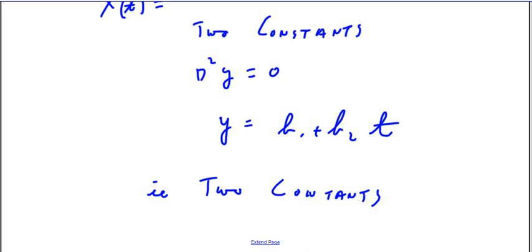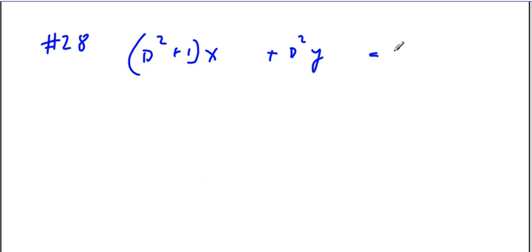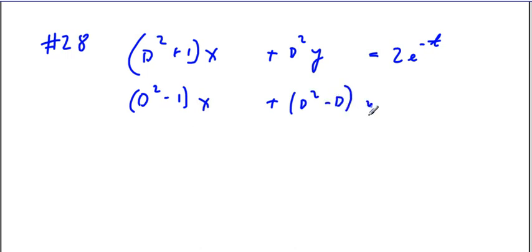Okay, problem number 28. We have D squared plus 1 x plus D squared y is equal to 2e to the minus t. We have D squared minus 1 x plus D squared minus D y is equal to 0.